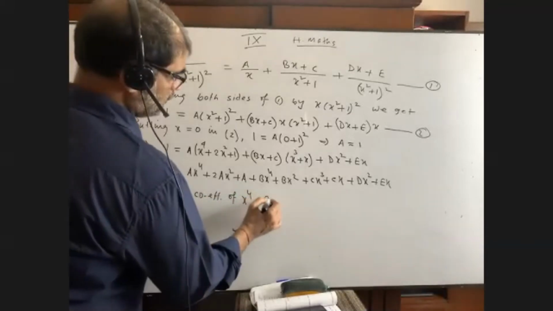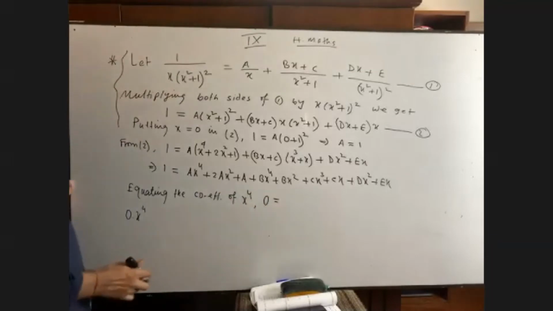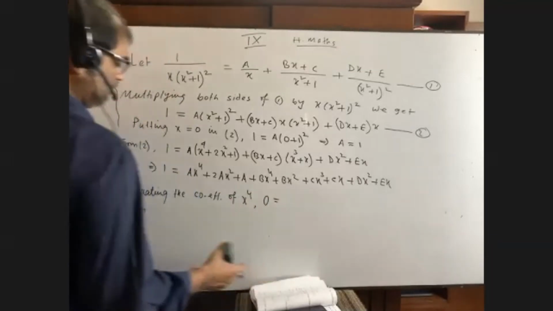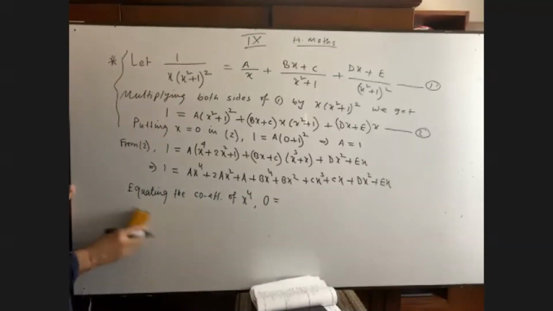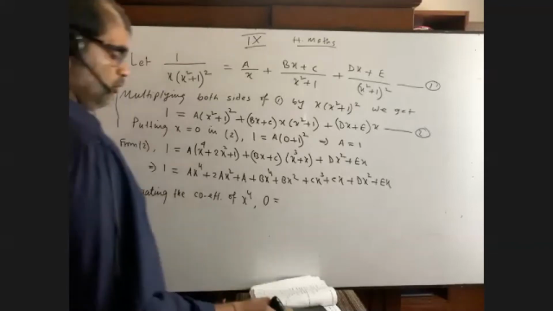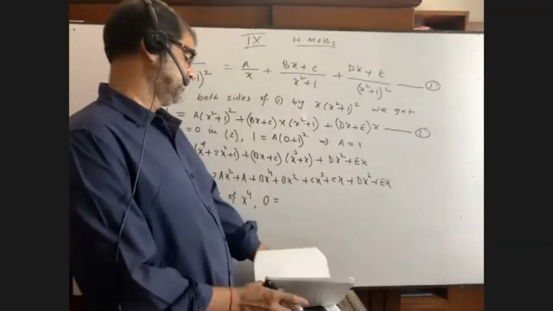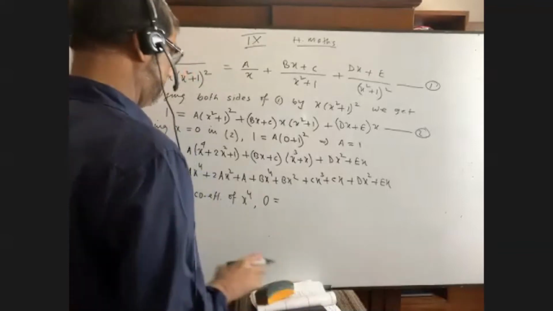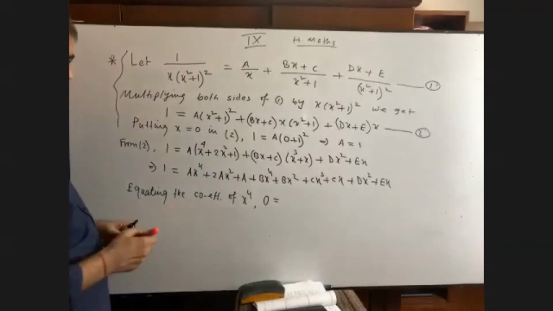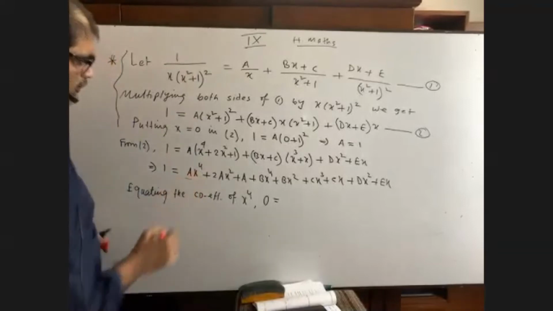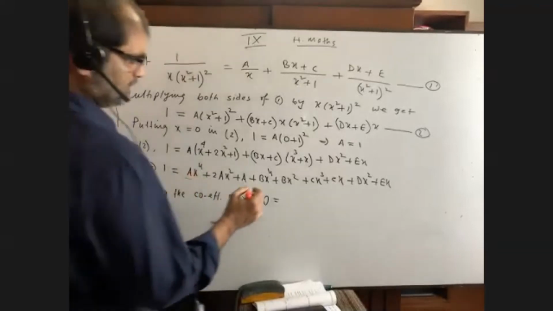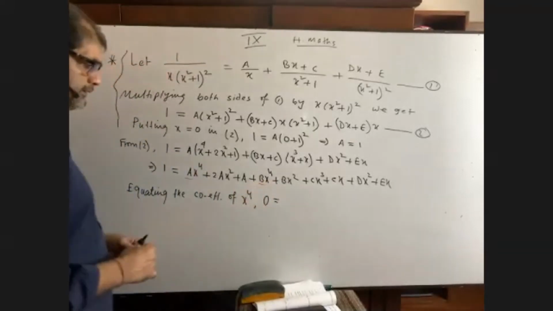So 0 is equal to, now you see where we get x to the power 4 on the right hand side. Where do we get x to the power 4? This is x to the power 4, this is x to the power 4, right?